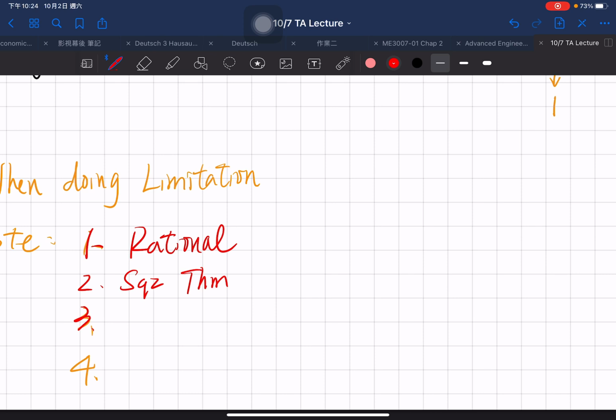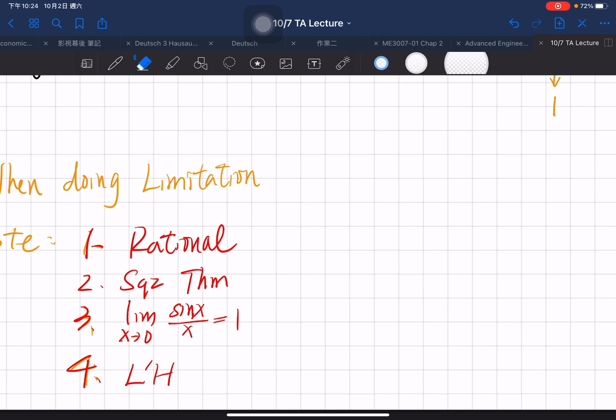And the third one is one of the most important limits, sine x over x equals 1. And number 4 is L'Hopital's rule, which you haven't learned, so you cannot use it now, but later you will learn it in the class after this.